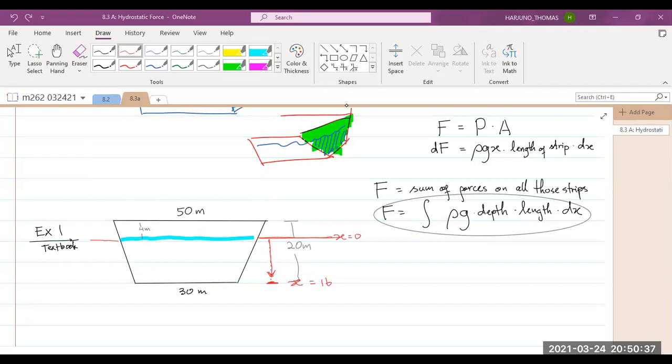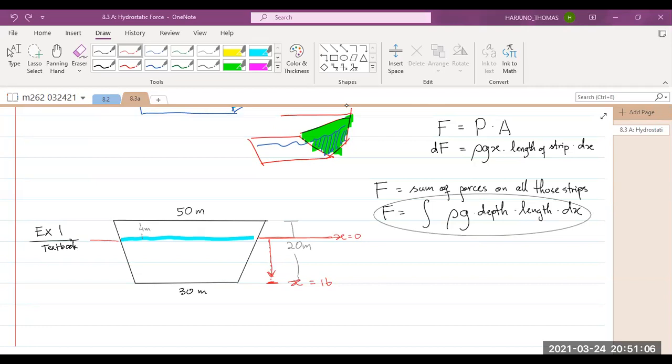The reason I point that out is because it seems to be negative 16 since it's downward, like from a number line or y-axis. But physically speaking, this x represents the depth, and the depth increases as we go further down. That's why it becomes positive instead of negative. That's an important notion that I have to mention.